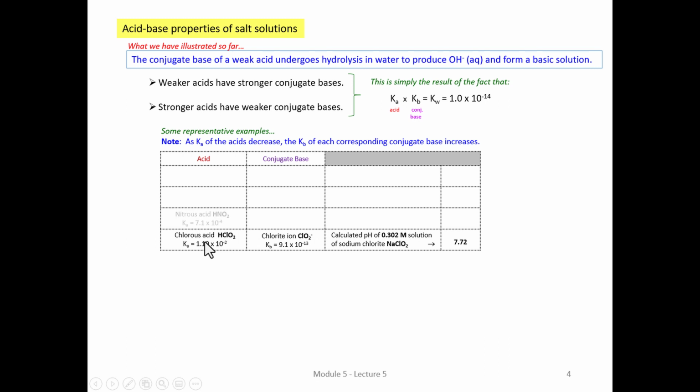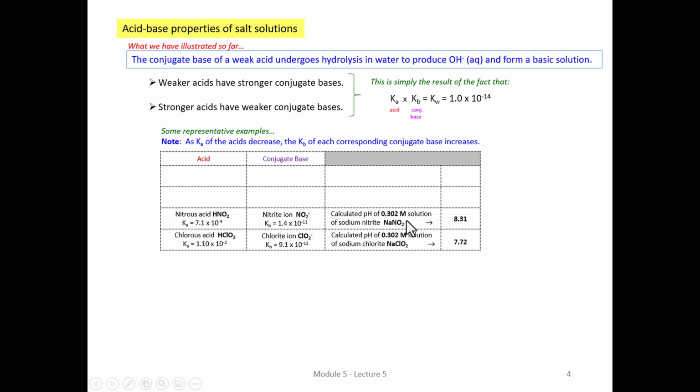Let's go to a weaker acid, nitrous acid. Ka is smaller. That means the Kb of its conjugate base nitrite is going to be larger than the chlorite. And we'll keep all the solution concentrations the same so that our comparisons are fair.